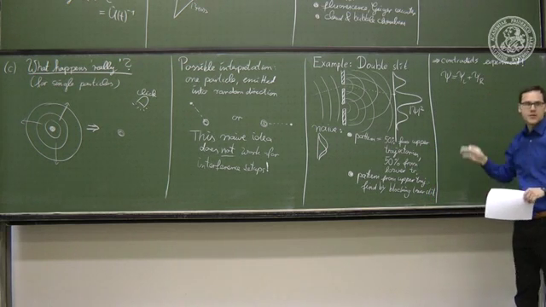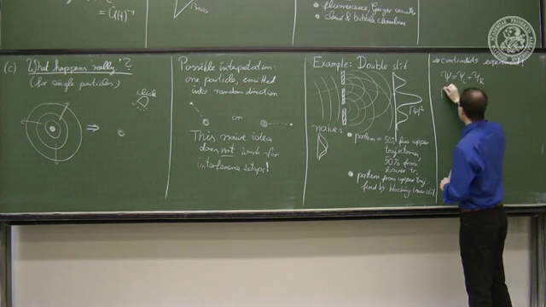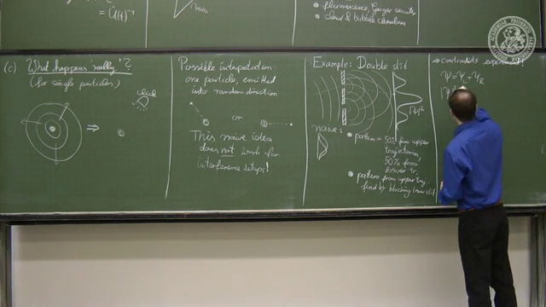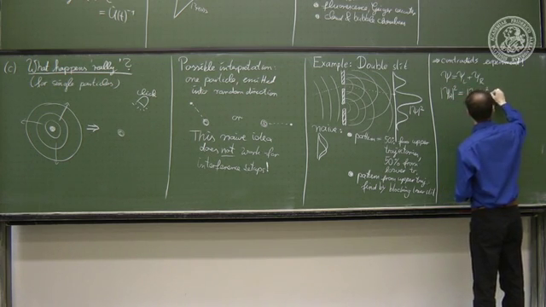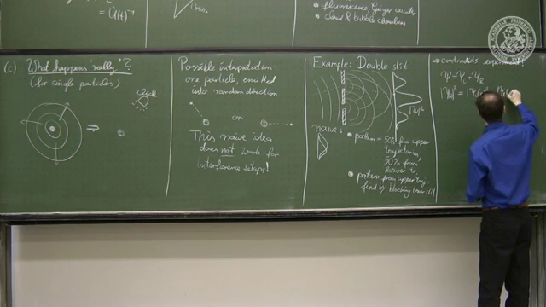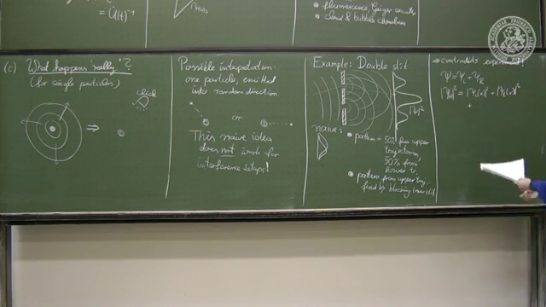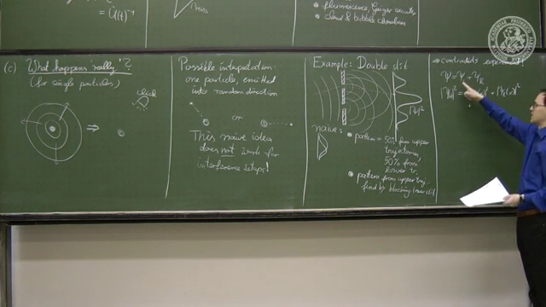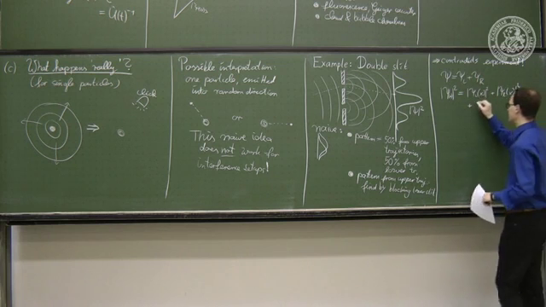At each point, I don't write the argument x, but this would hold at each point. And so if I take psi squared, then this would be psi l of x squared plus psi r of x squared. That is part of the story. But then there's also a cross term where I have to multiply psi l by psi r if I expand the square.